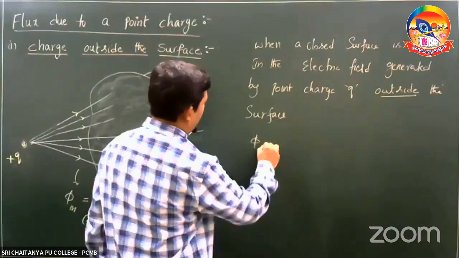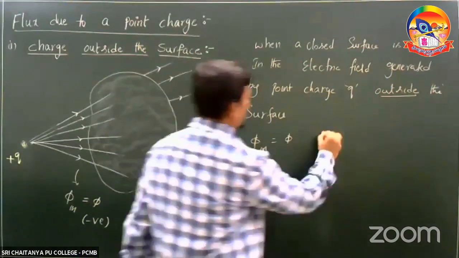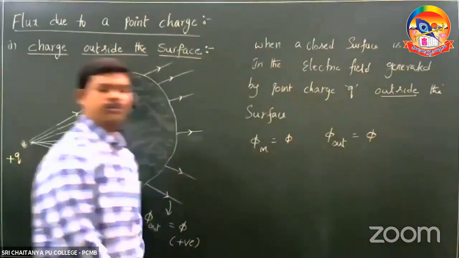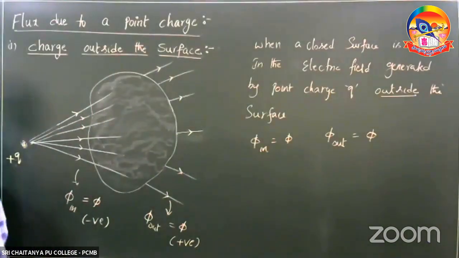Pi in and pi out, both are the same. Entering flux and leaving flux, both are the same.